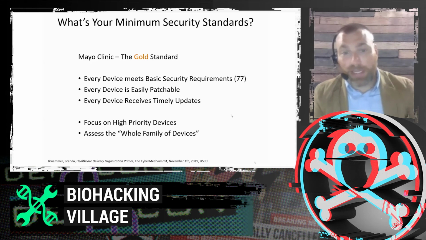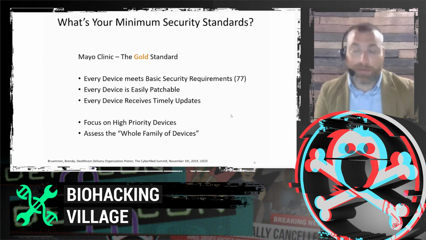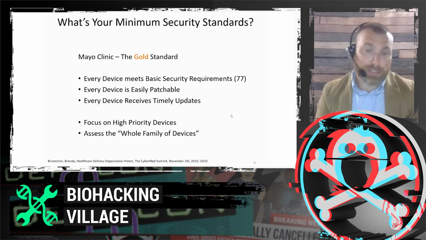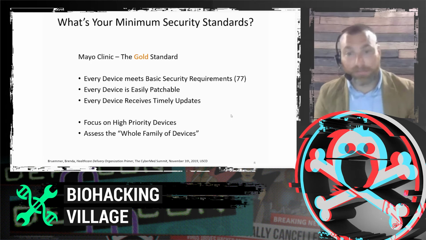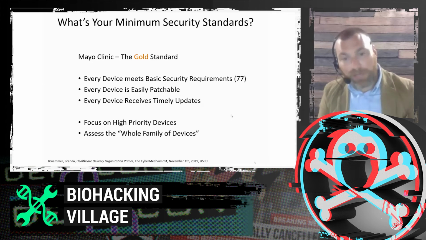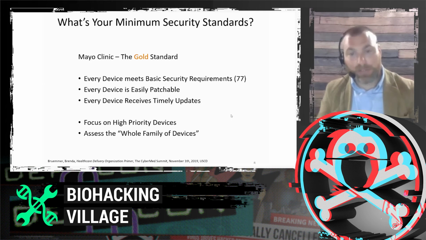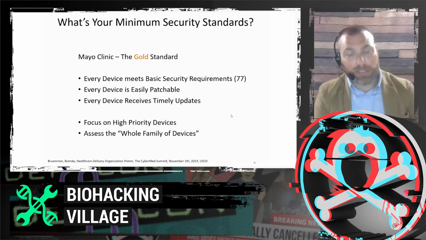And what that allows you to do, or actually some of the features I should say in that 77, were every device is easily patchable, every device receives timely updates, and certainly a number of other facets. And what this allows you to do is focus on the high priority devices, so the devices that have a high risk score, a potential for high risk. And also what you want to look at is assessing the whole family of devices.